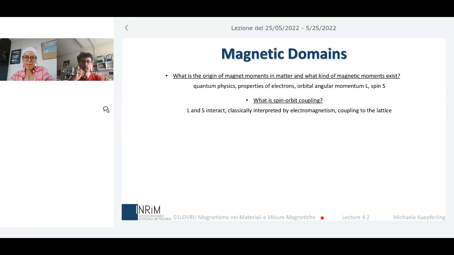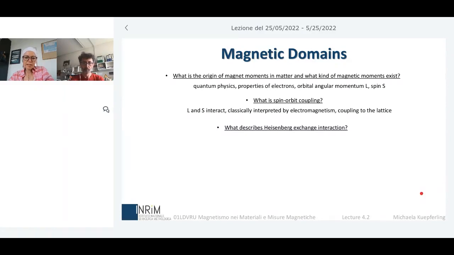L and S, since both are magnetic moments, interact somehow, and classically this can be interpreted by electromagnetism: the electron which is orbiting will create a field, and this field will influence the S magnetic moment, and vice versa.